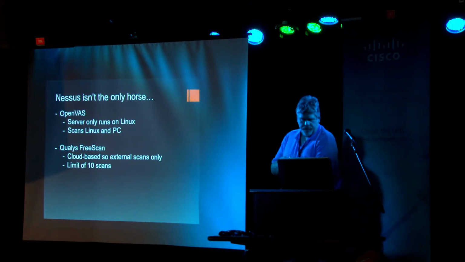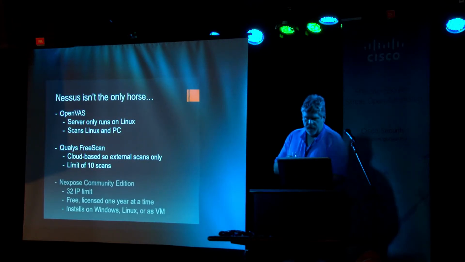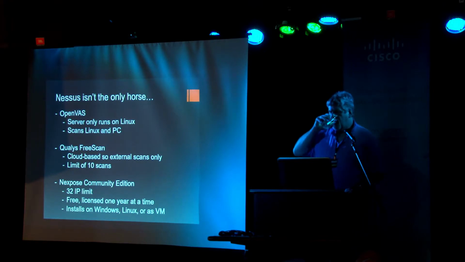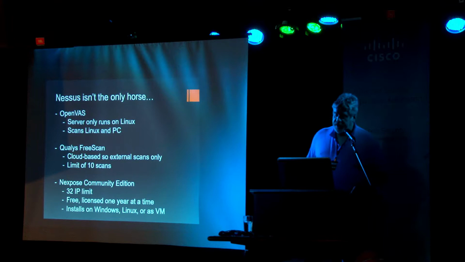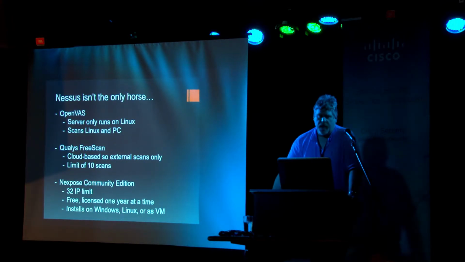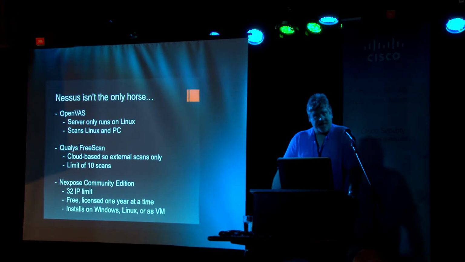So that was kind of a weird one. Next up, appropriate enough, is Nexpose. So Nexpose Community Edition, again, you have to look for it. It has a 32 IP limit. It's free, but it's licensed.